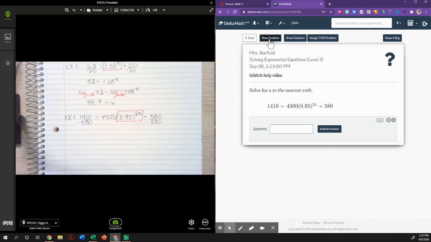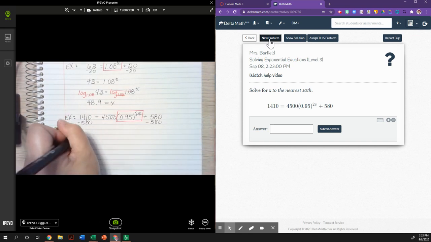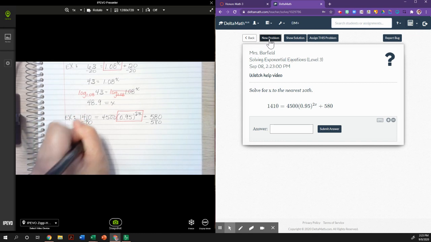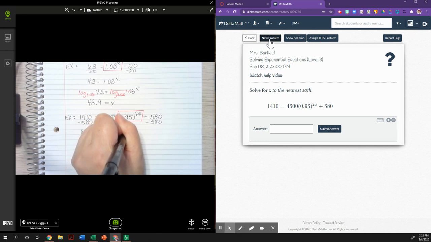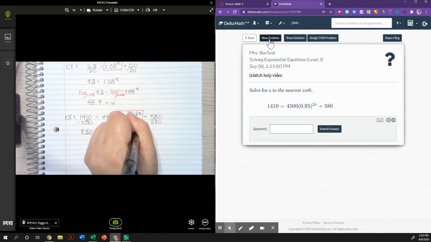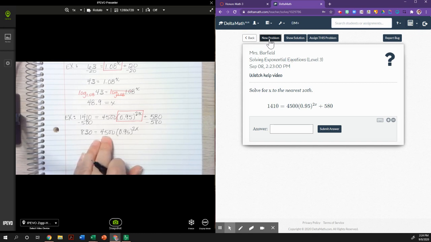1,410 minus 580 gives me 830 equals 4,500 times 0.95 to the 2x. Now to get this term by itself, I have to get rid of 4,500, so I'm going to divide.